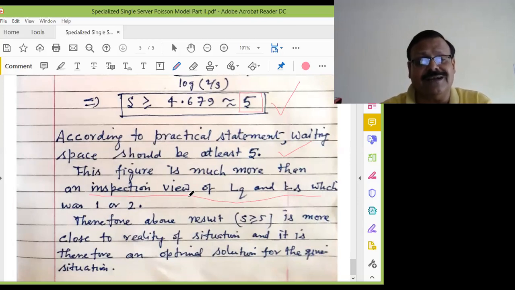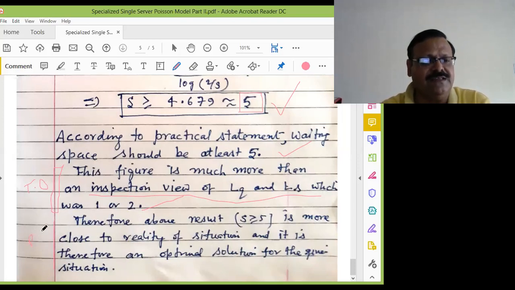So if you are conducting any case study, this is the good way of solving the problem. This is the theoretical outlook. Though queuing theory deals with the practical aspect, this part is the theoretical outlook, but this part is quite a practical outlook.